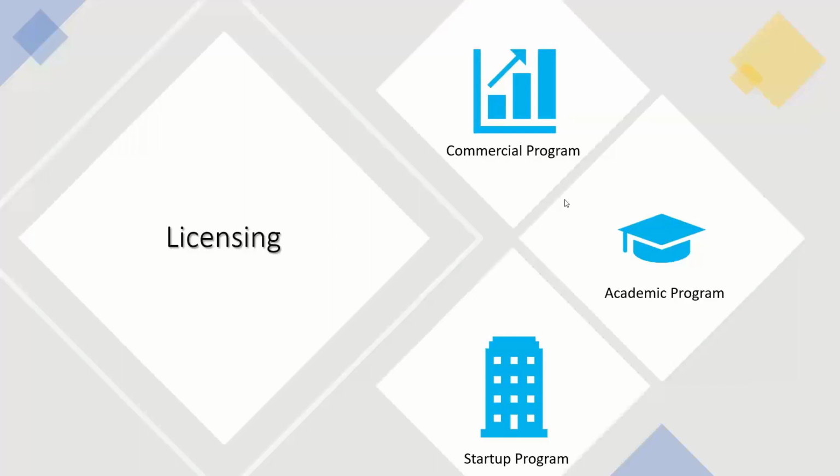We have a combination of free and paid licenses for students, academics, mentors, lecturers, and professors based on the program they choose. And for startups, we are offering a very interesting plan for paying in installments.